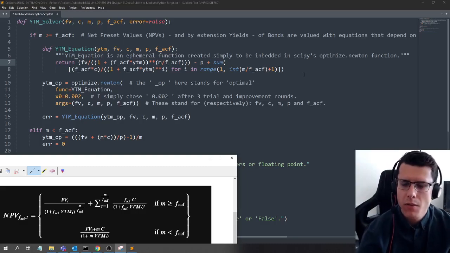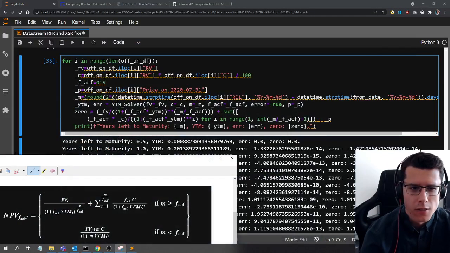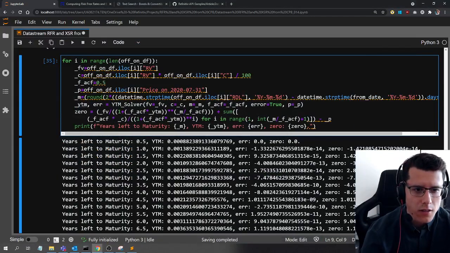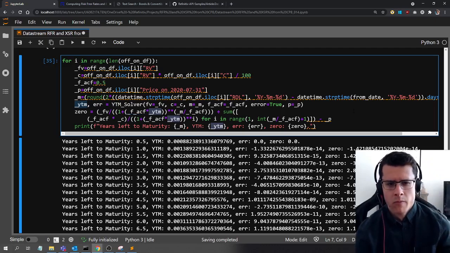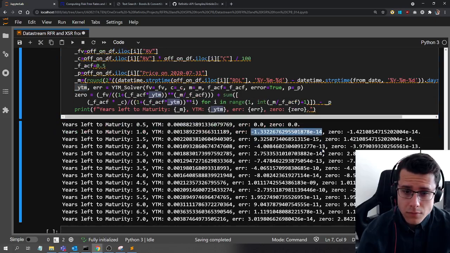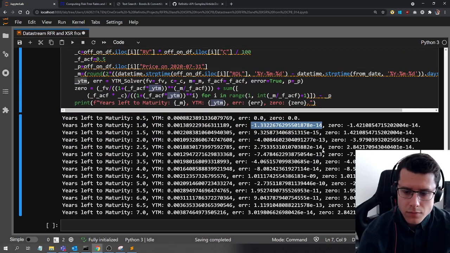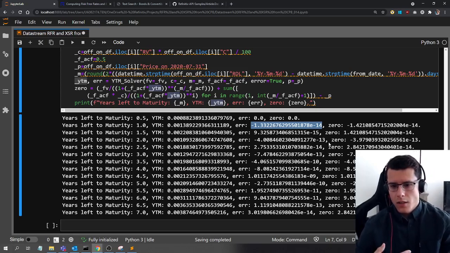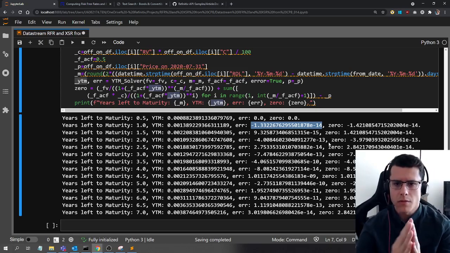Oh, have I made a mistake with the yield to maturity I'm using? Here, yield to maturity. No, that's not right. There's something wrong.